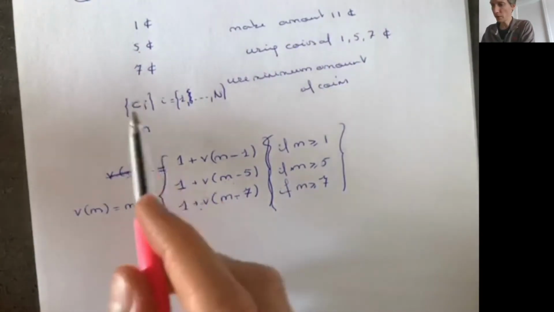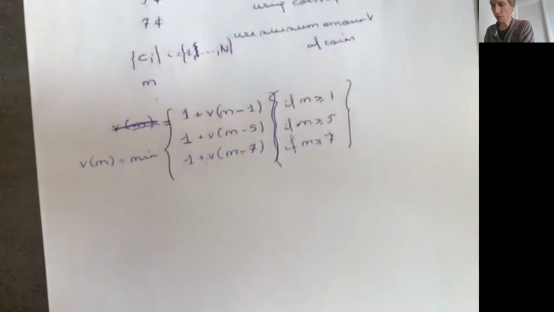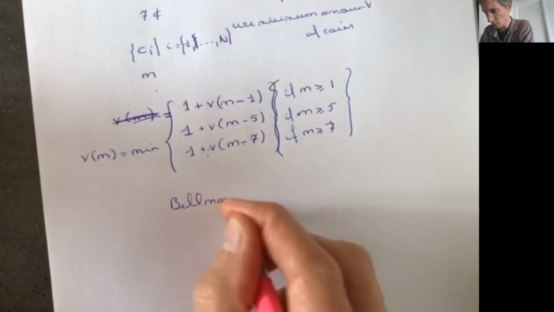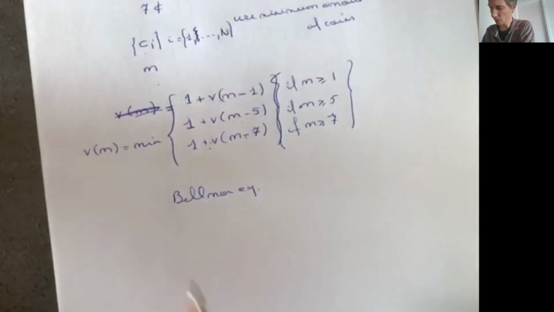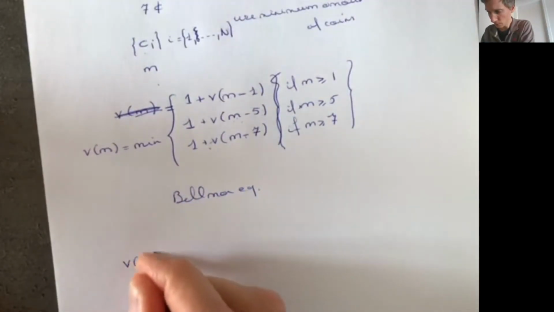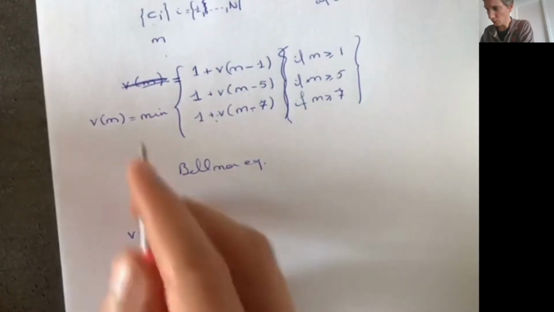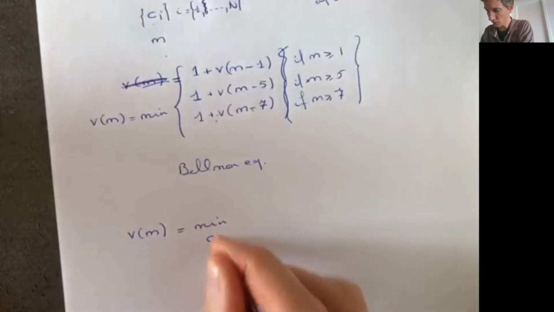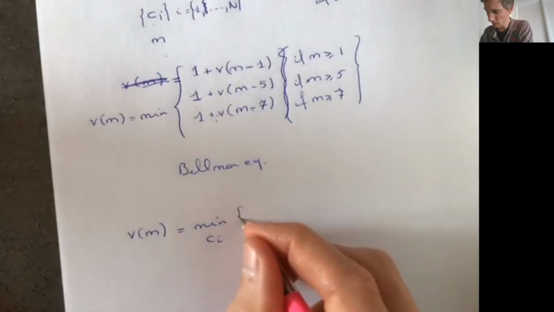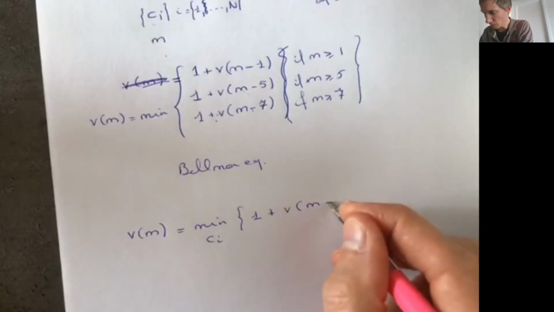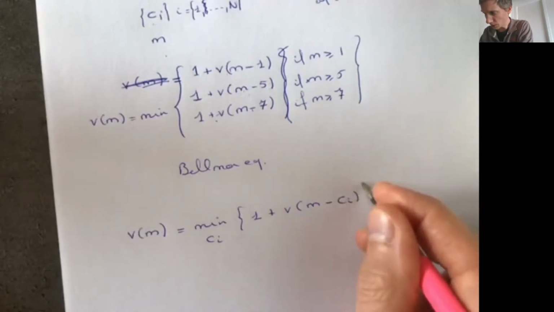So in general, if I have a set of coins Ci and an amount M, what does my Bellman equation look like? It has the following form: V of M is the minimum over all possible coins Ci of 1 plus V of M minus Ci.